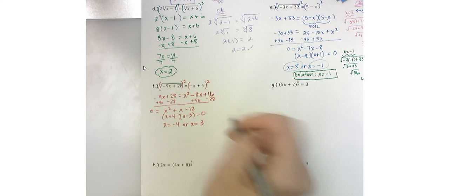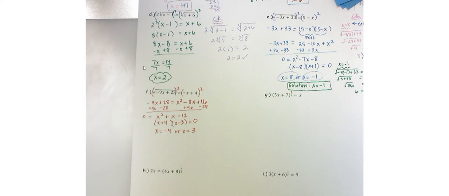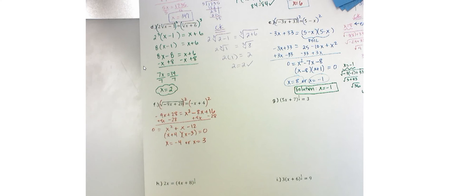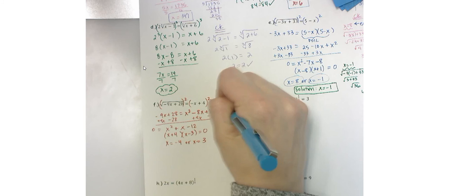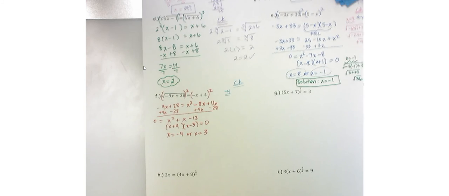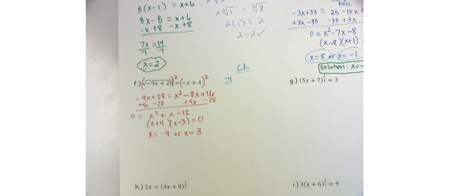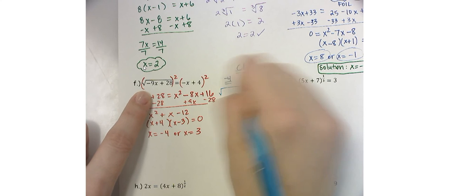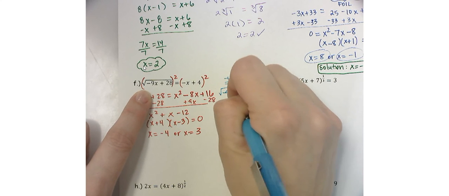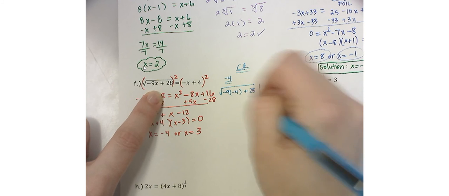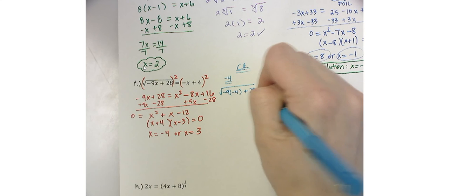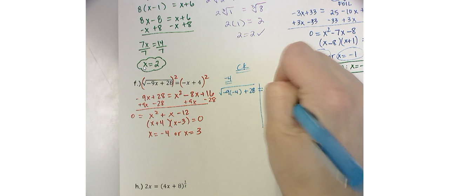I have 36 plus 28 underneath the radical. 36 plus 28 is going to be what? What'd you guys get? 64, so it'll be 8. And then this, of course, is going to be positive. 8 equals 8. Yep. Okay, so negative 4 works. And then we're also going to check 3.